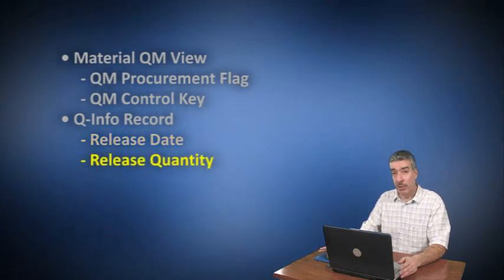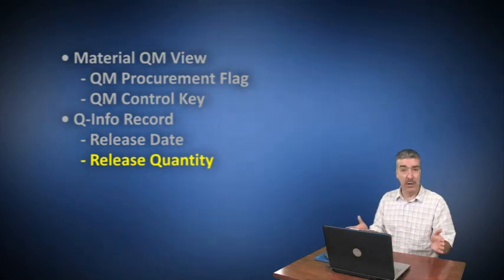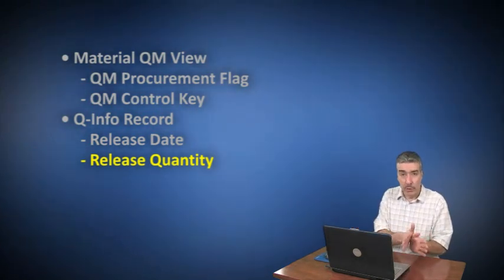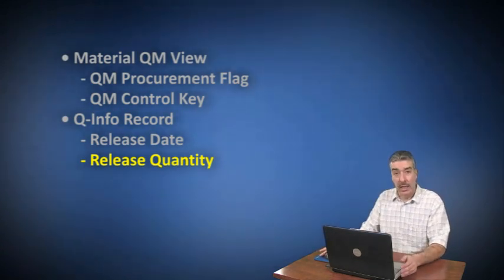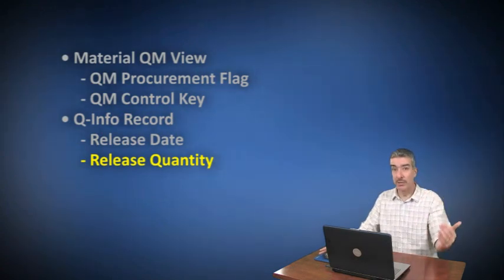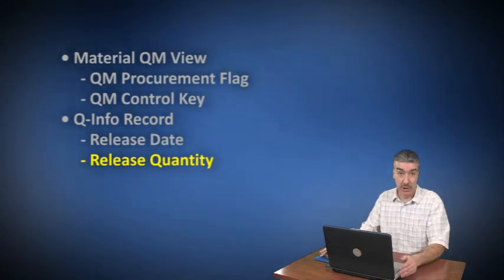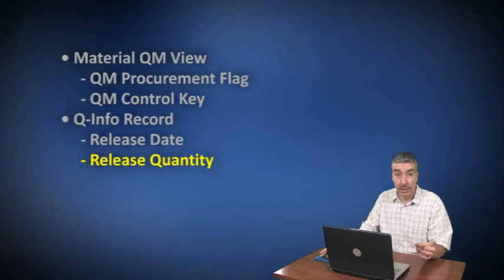We also have a release quantity we can enter. So we can say that it might be released out for all year, but only for a specific quantity. So if you're going to do an initial buy, but you don't want them to be able to start buying large volumes until we've had a chance to look at this material and test it and ensure it works, we could say we're only going to allow 500 on the buy.